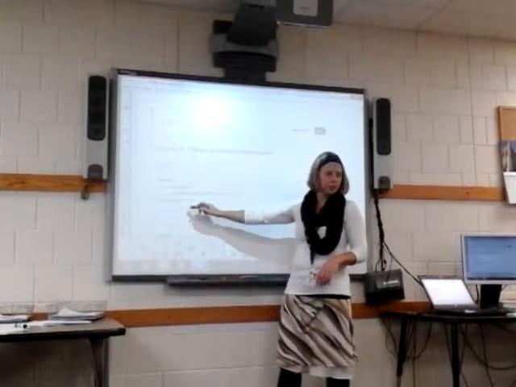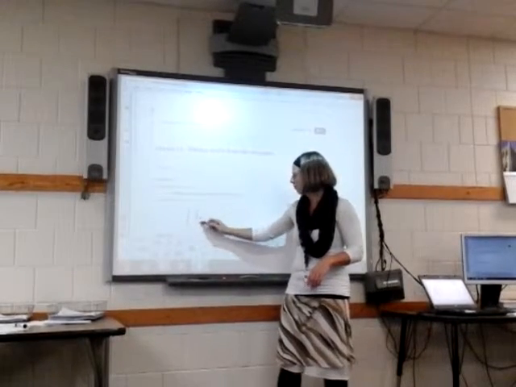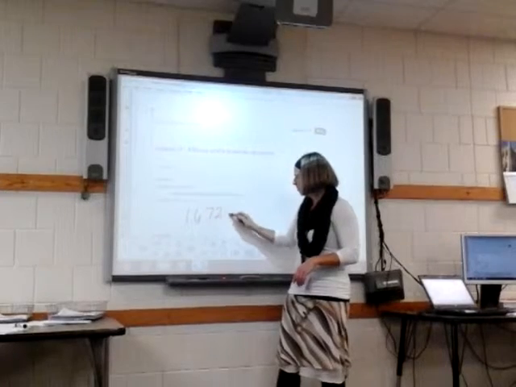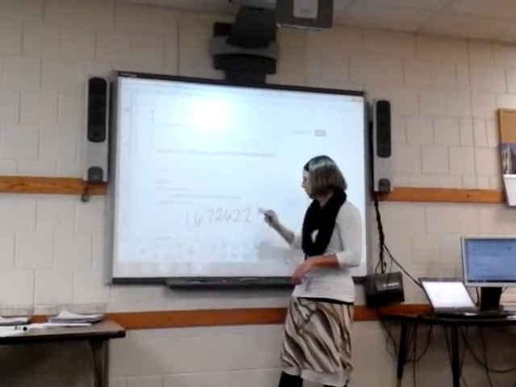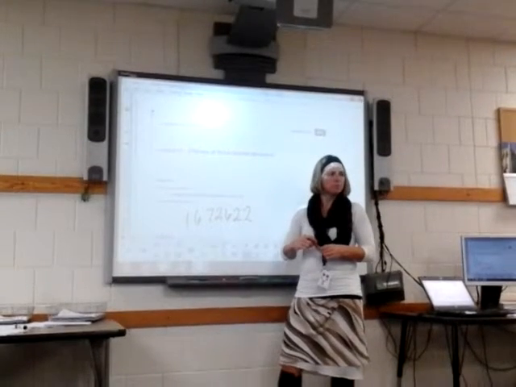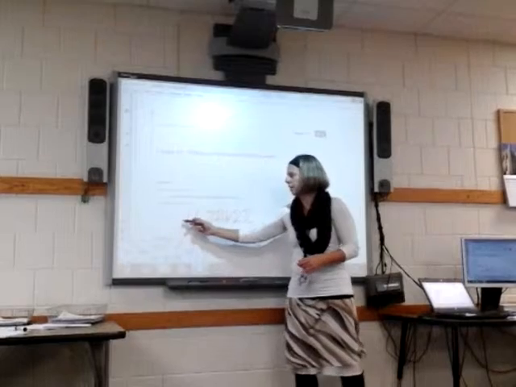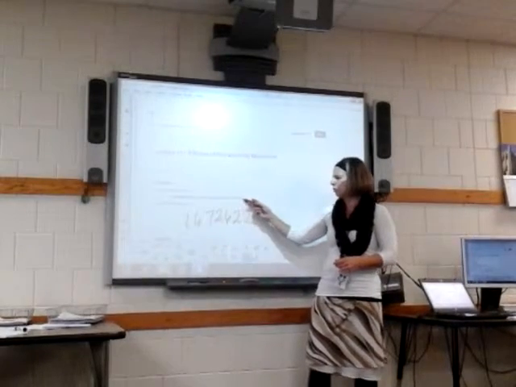What numbers do I need to include in my decimal? All right. And with those important numbers, where does my decimal have to sit? I'm writing this number in scientific notation.